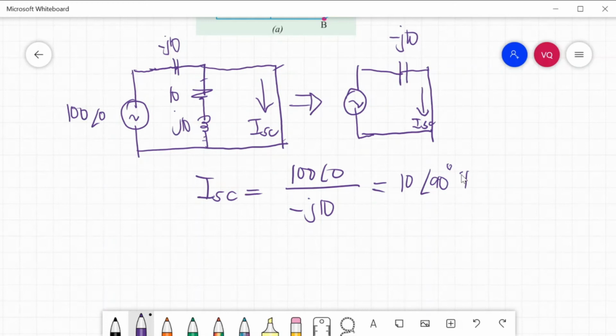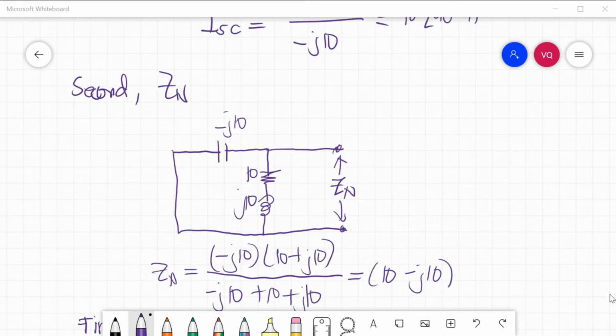After solving your ISC, next will be your RN or ZN. Second, solve for ZN. So remove all the voltage sources. What will remain are just the impedances. We will redraw our circuit, then we short-circuit all the voltage sources.